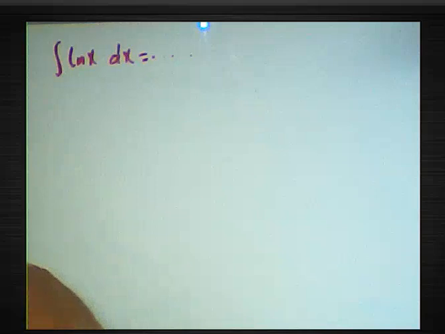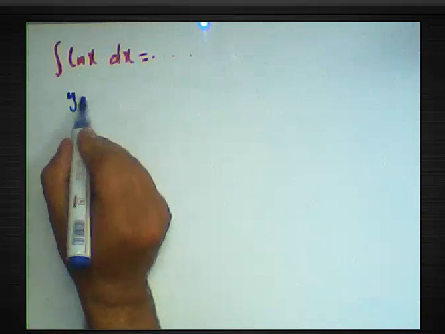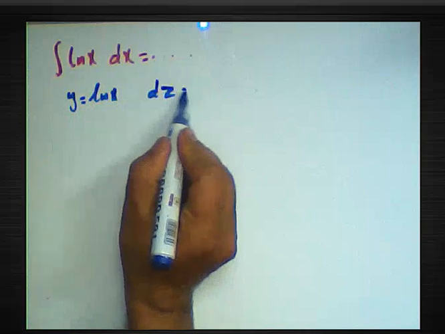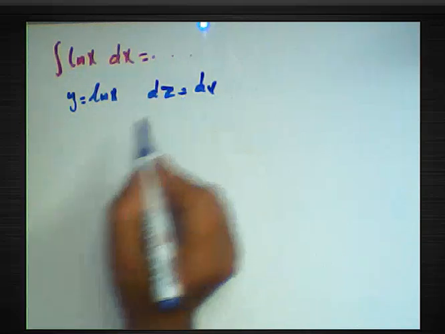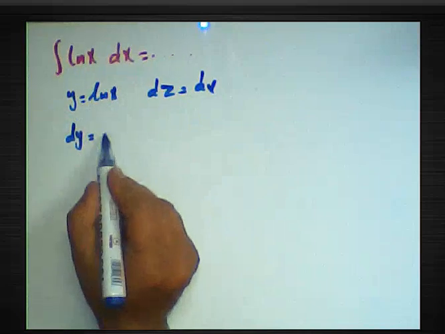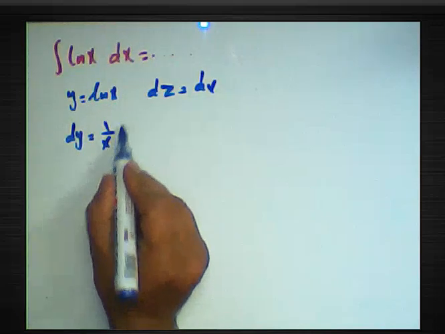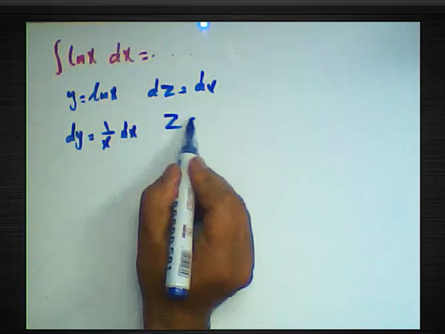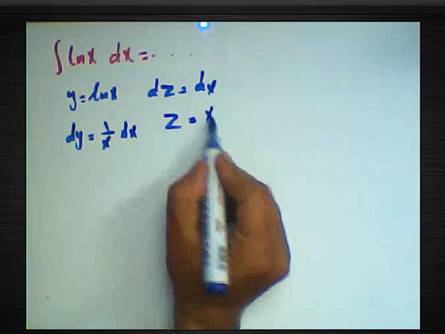Integration of ln of x dx. We can use the properties here. Put y equal ln of x and dz equal dx. The derivative of y will be dy, and the derivative of ln of x is 1 over x dx. And the integration of dz will be z, the integration of dx will be x.